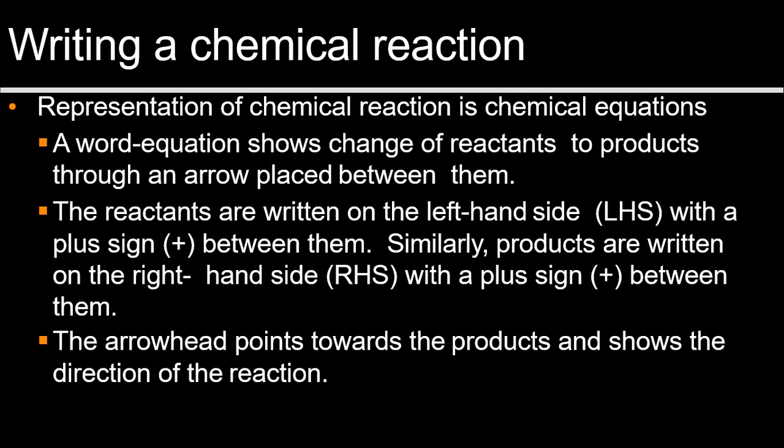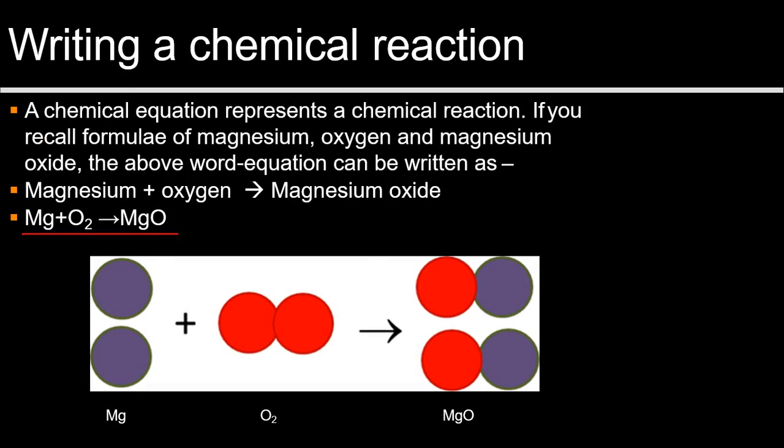The first one is the word equation. A word equation shows the change of reactants to products through an arrow placed between them. For example, magnesium plus oxygen gives magnesium oxide.